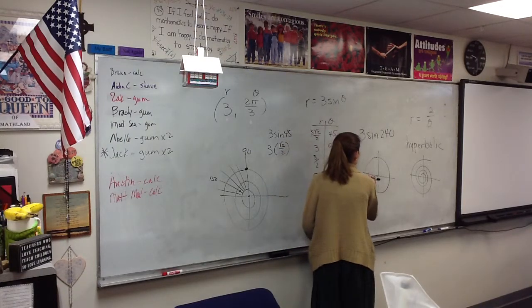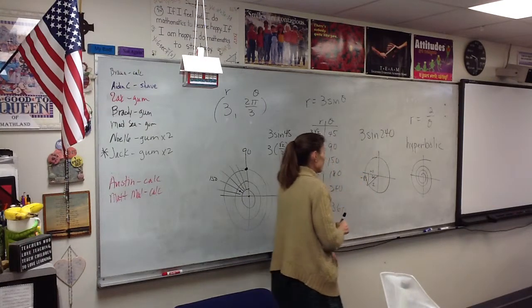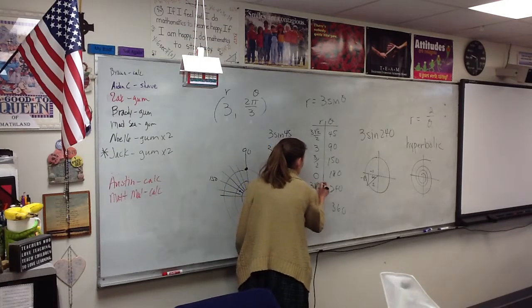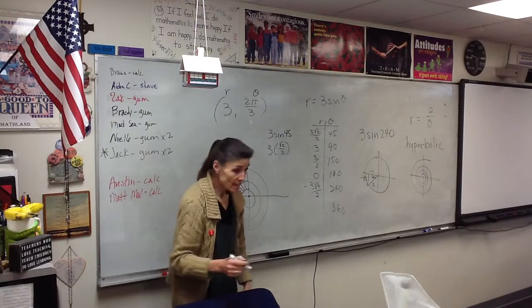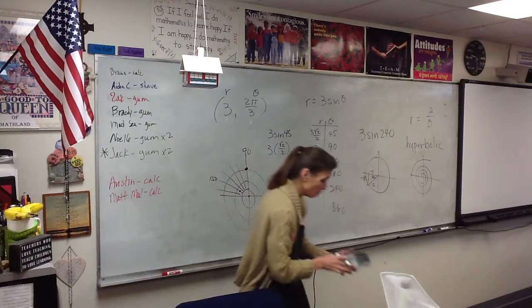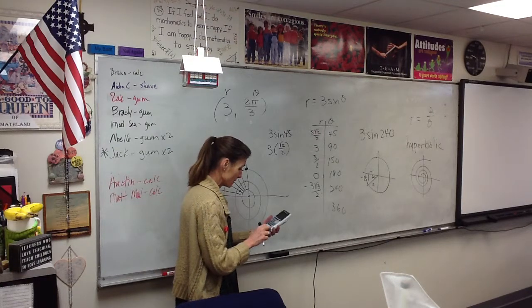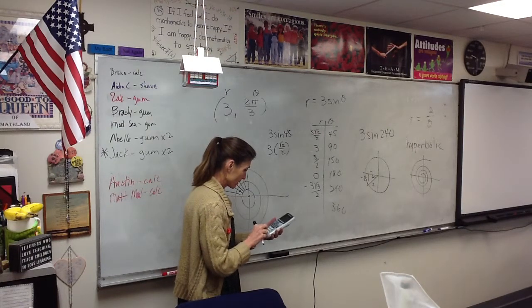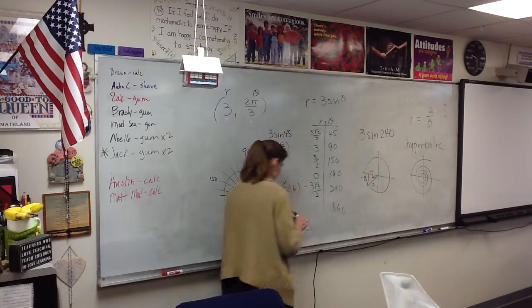And so this would be negative root 3, negative 1, and 2. So the sine is negative root 3 over 2. So this is going to be negative 3 root 3 over 2. Which decimally, because I want to plot that point, this is why we talked about what we talked about yesterday, it's like negative 2.6.